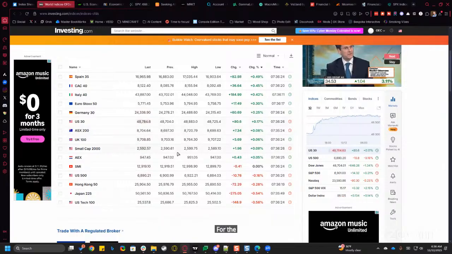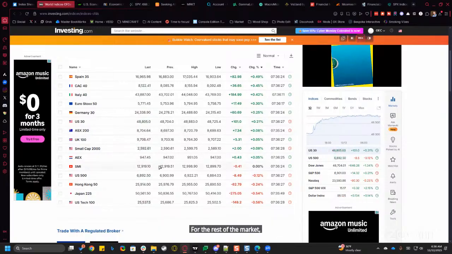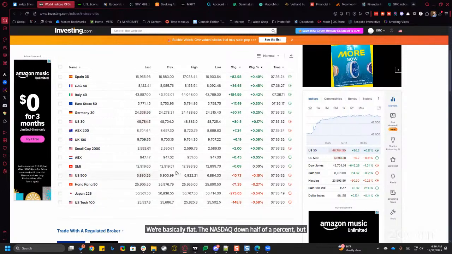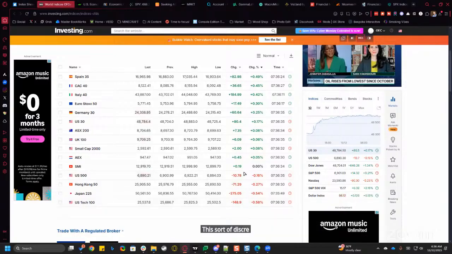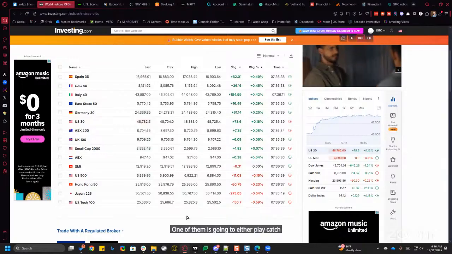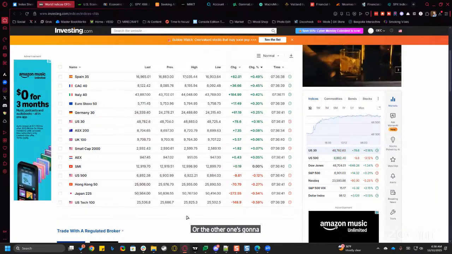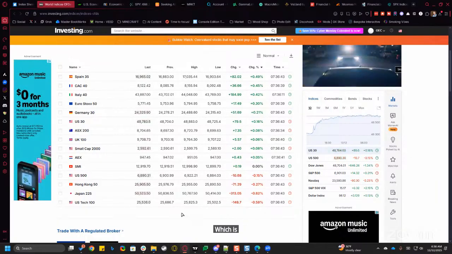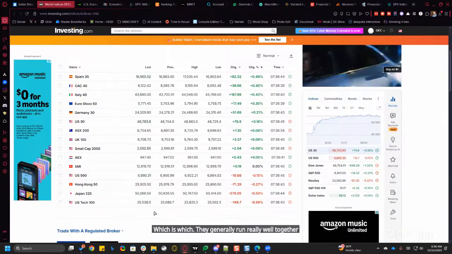For the rest of the market, we're basically flat. The NASDAQ is down 0.5%, but the ES is flat. With this sort of discrepancy between these two, one of them is going to either play catch up or the other one's going to play catch down. Which is which? They generally run really well together, right?